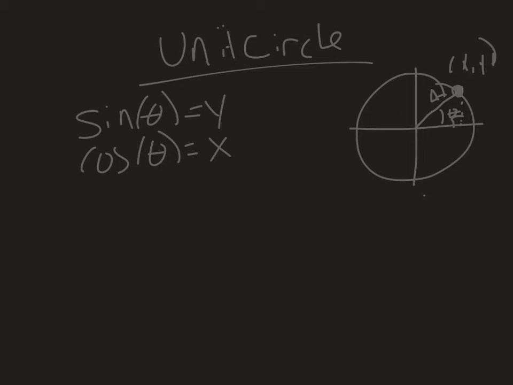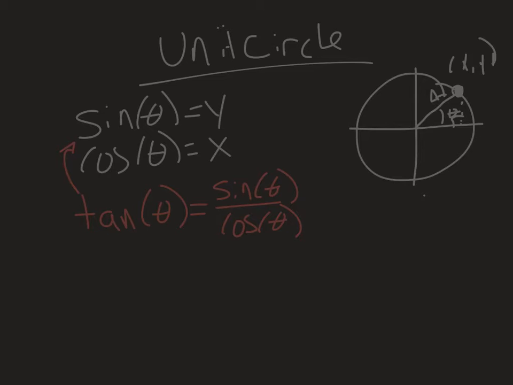So if we consider tangent of theta, well, that would be y over x, or if I use strictly sine and cosine, sine of theta over the cosine of theta. Now that's where we would use an identity for tangent.